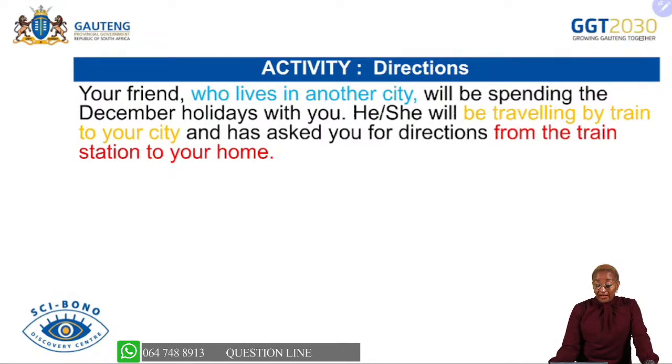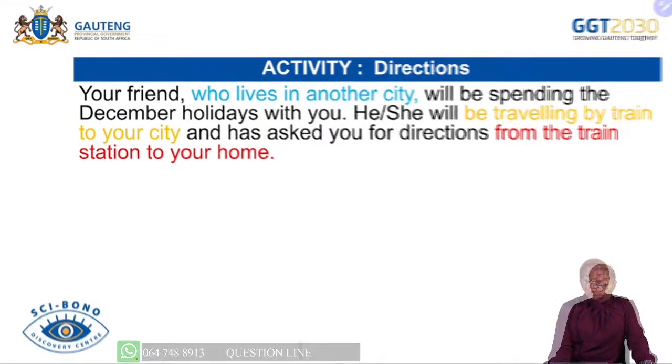Here you've got a friend. This friend of yours lives in another city. And he or she has indicated that she will be coming over for December holidays. And she will be traveling by train to your city. She has now asked you to give directions from the train station to your home.